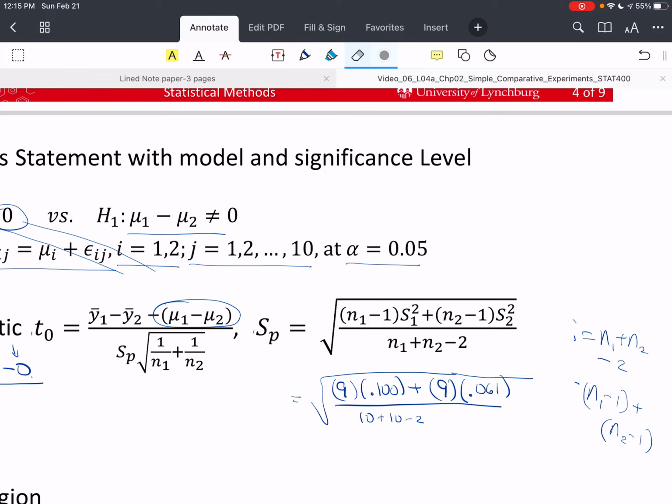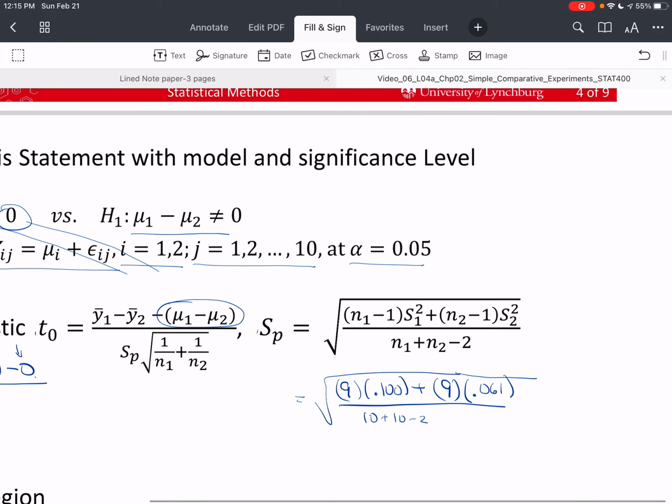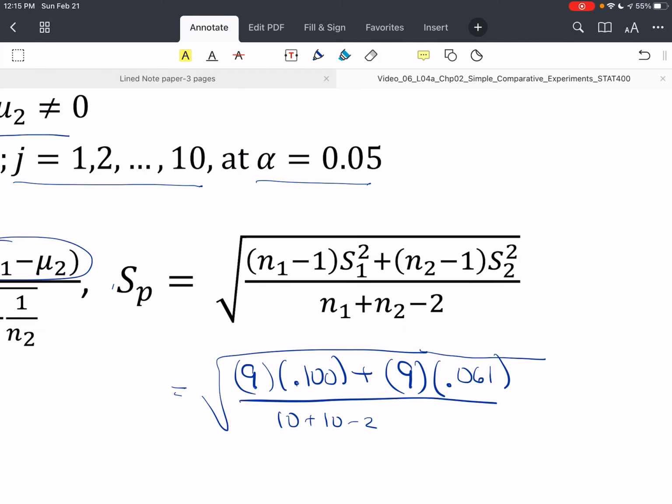All right, let me clean this up a little bit more. Equals, oops, I guess I hit the wrong thing. Happens sometimes.